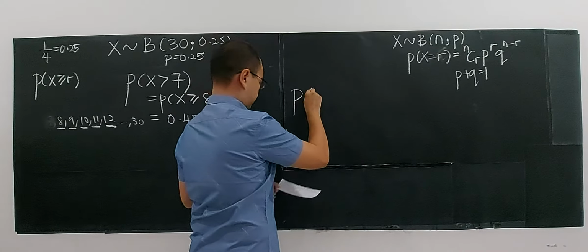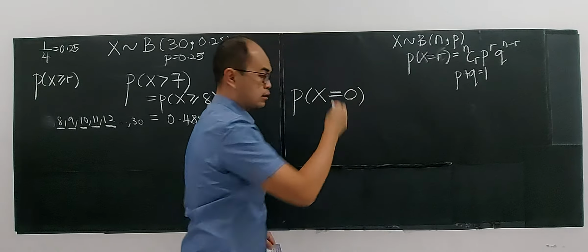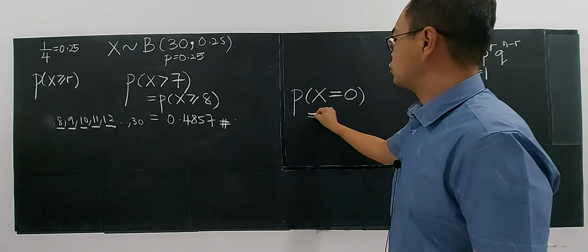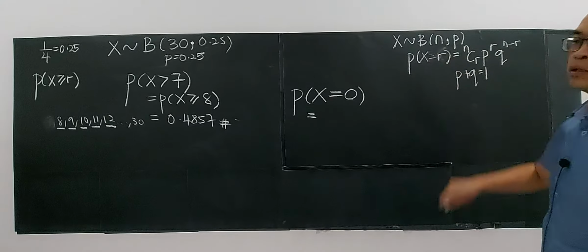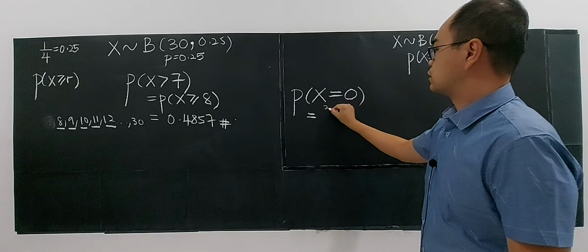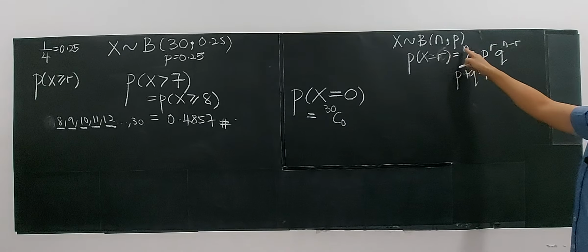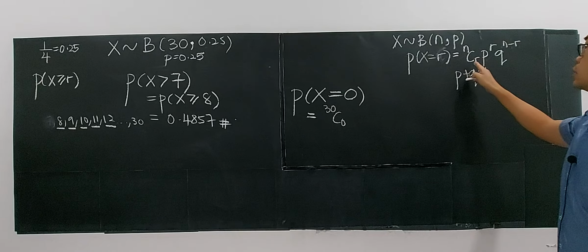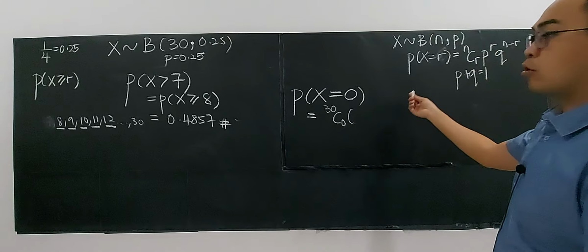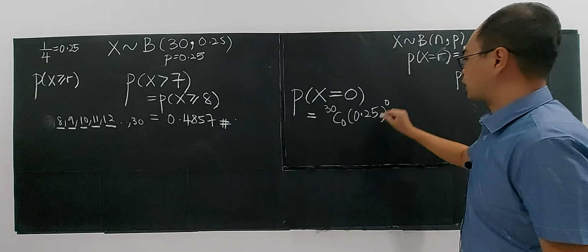If you get all the questions wrong, it means you try 30 times and none is correct. For this, you can just use the binomial distribution formula, which is a lot easier. So take 30 C 0, because the number of correct is 0, all wrong. Then 0.25 to the power of 0, the probability for correct.